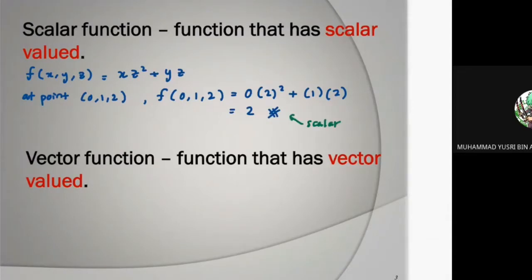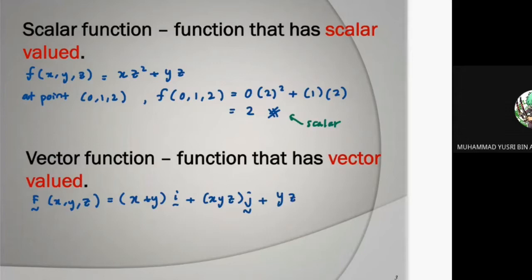So you know that this is a scalar. Next is the vector function. Vector function means the function that has vector value. For example, you have vector f(x, y, z) equal to (x plus y) i plus x y z j plus y z. This is a vector function.